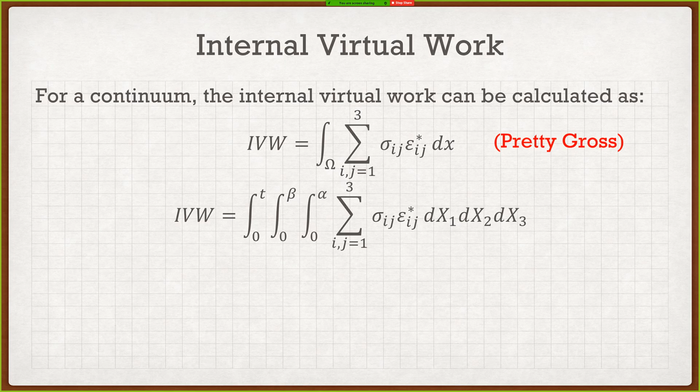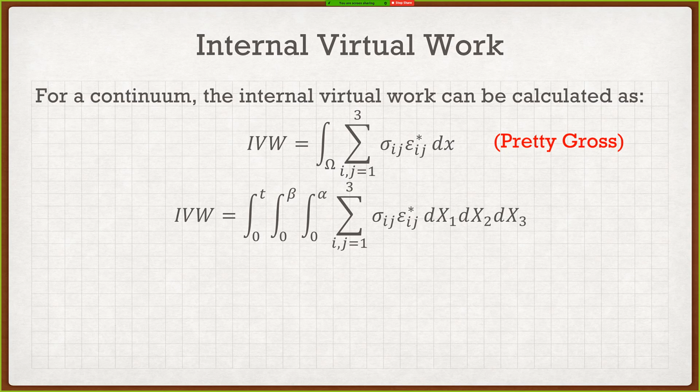So if we look at the very left side of the integral, I go from 0 to t. Well, of course, that's that in-plane thickness, so that is the x3 direction. If I look at the middle integral, I'm going from 0 to beta. That's the height of the plate. Of course, this is with respect to the x2 direction. And finally, the innermost integral from 0 to alpha. This is over the length of the plate, which in this case is in the x1 direction.